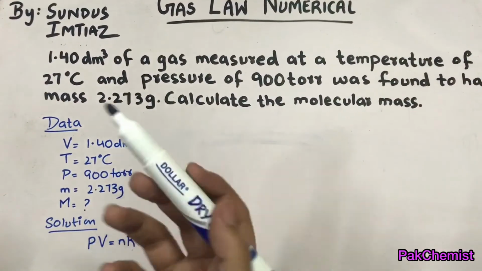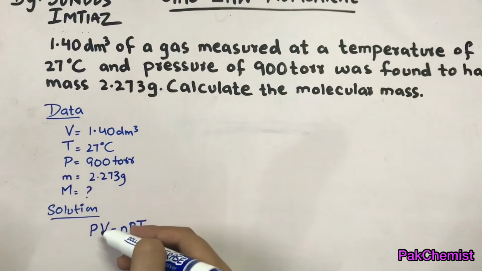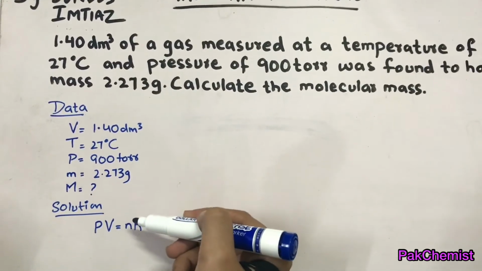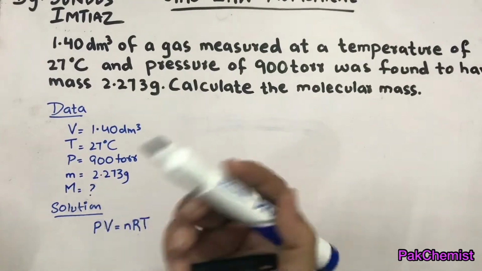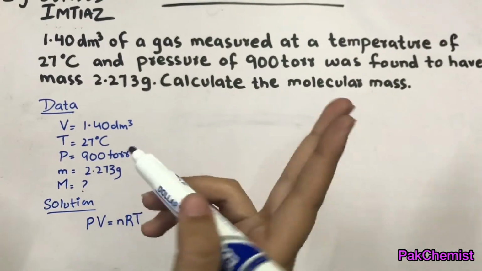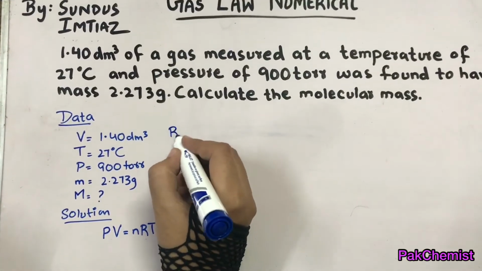Okay, let's see what we have been given and what we have not. The pressure is given, the volume is given, the temperature is given, but n and R are missing. Let's first see R. R is the gas constant and it has two values, 0.0821 and 8.314. But we are using this value.